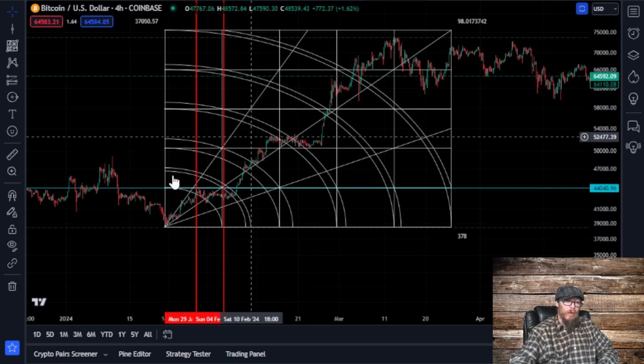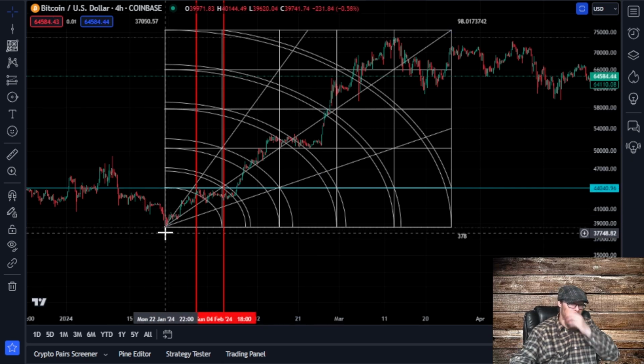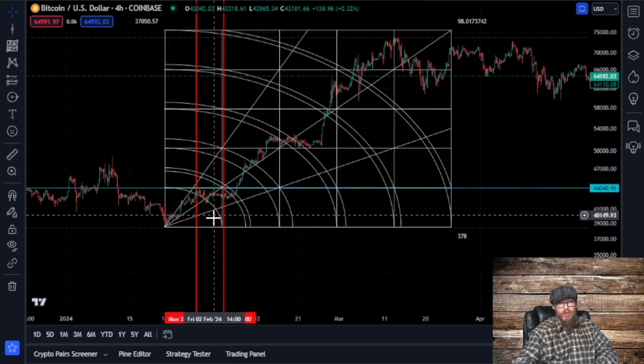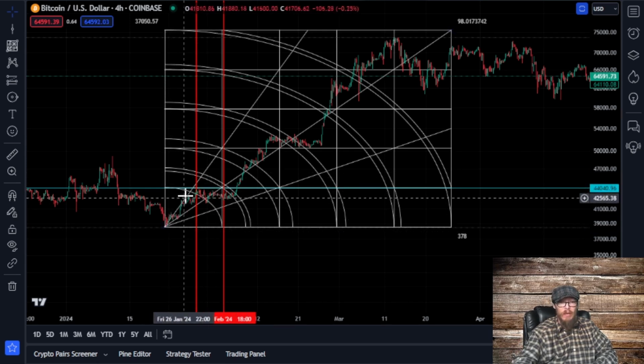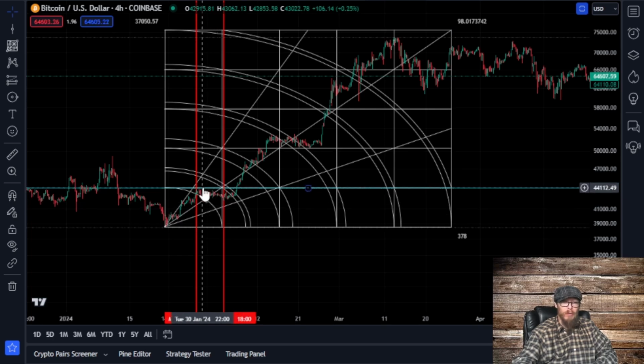Let's say that we consider a pivot low to be an extreme, and let's give it a value of 0. What happens when something deviates, and let's say that this is one deviation. We deviated from 0, 1 deviation.